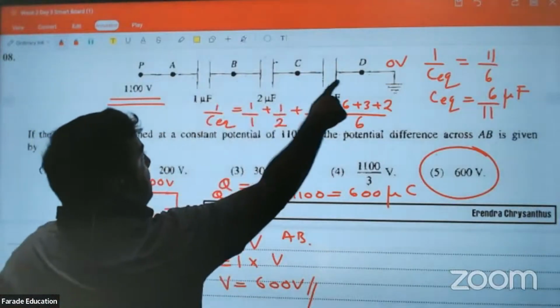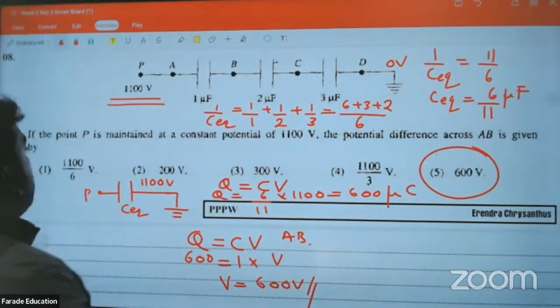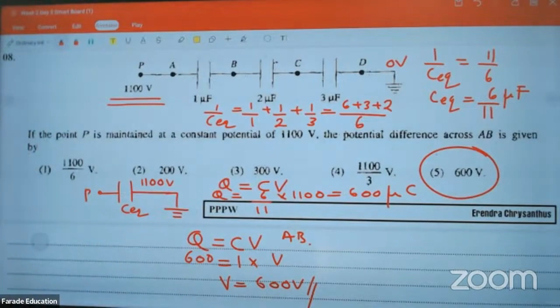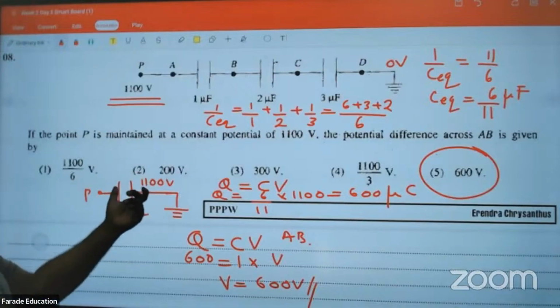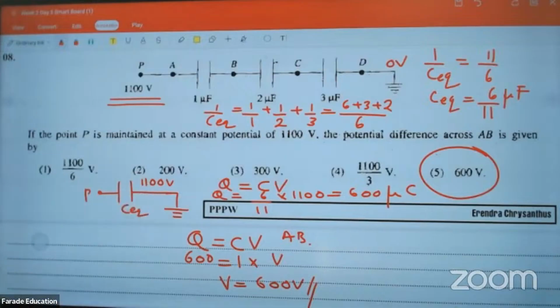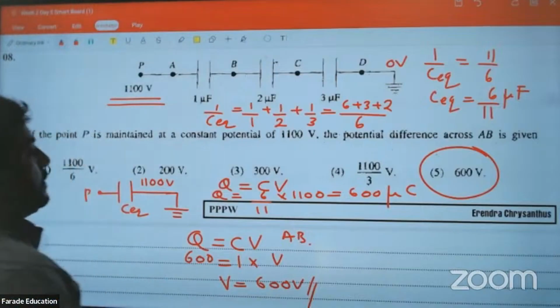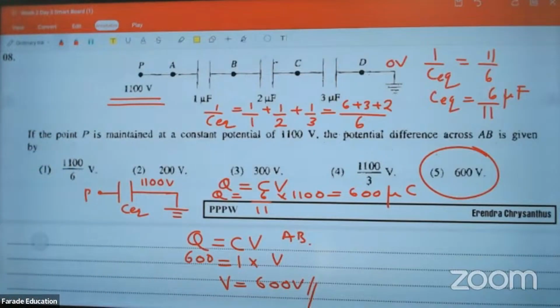All the capacitors are connected in series. Therefore, we can find the equivalent capacitance.